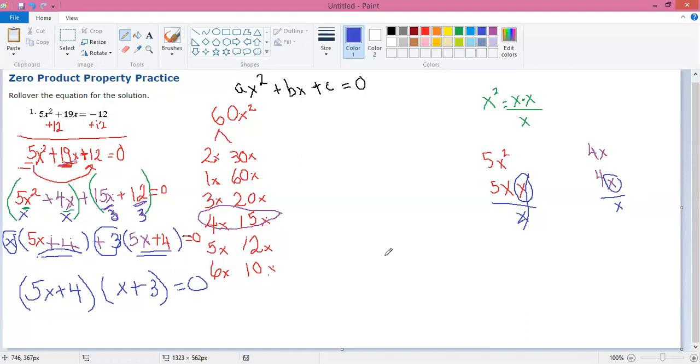No, open parentheses. So you have open parentheses, 5x plus 4, close parentheses, right? And then there's no plus or anything in between the parentheses. You open parentheses again, and then you say x plus 3, close parentheses.